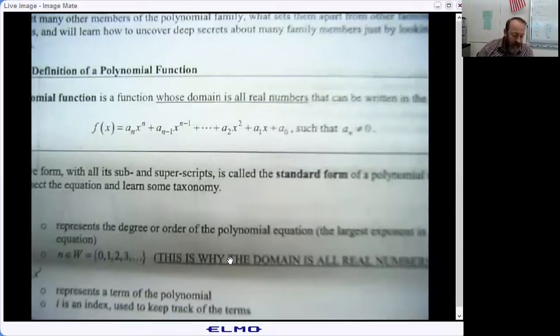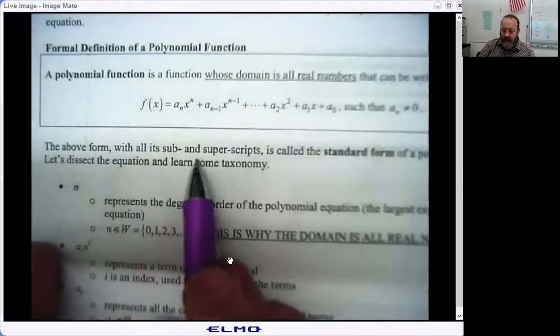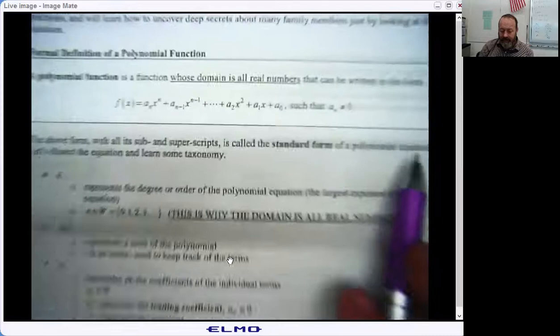So if you have x to the fourth, you would have a sub 4, a with a little 4, that goes with x to the fourth. Those sub and superscripts make up what is called the standard form of the polynomial.